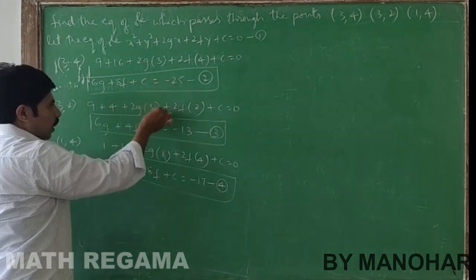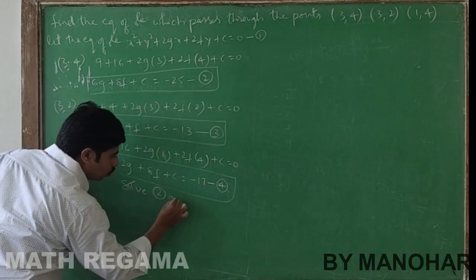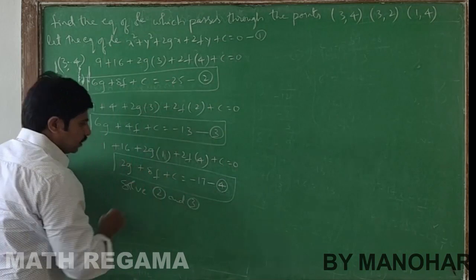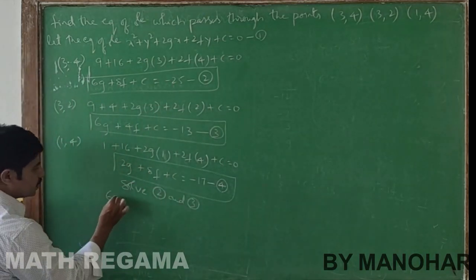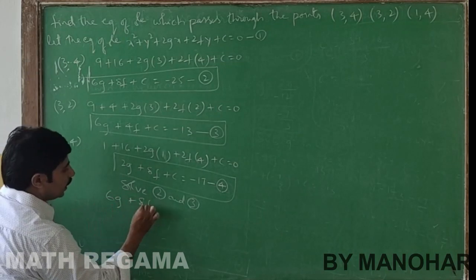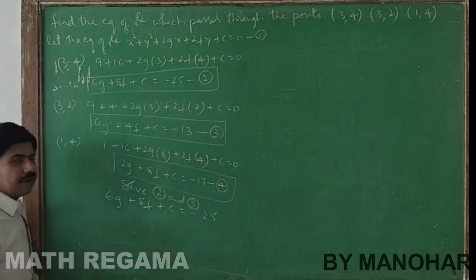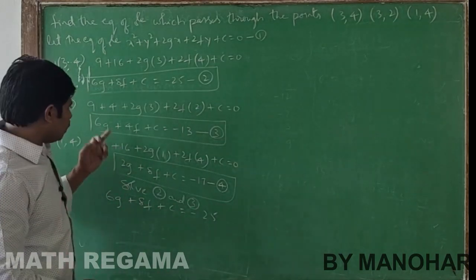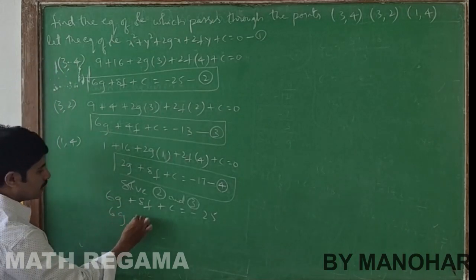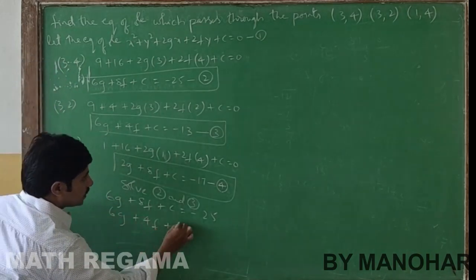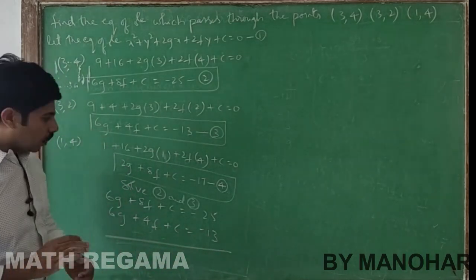First, we will solve 2 and 3. What is equation 2? It is 6g plus 8f plus c is equal to minus 25. Then equation 3 is 6g plus 4f plus c is equal to minus 13. We are solving these two.